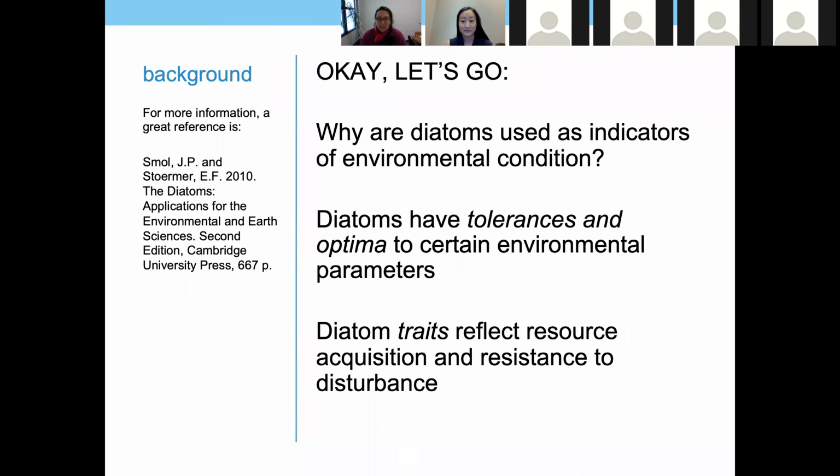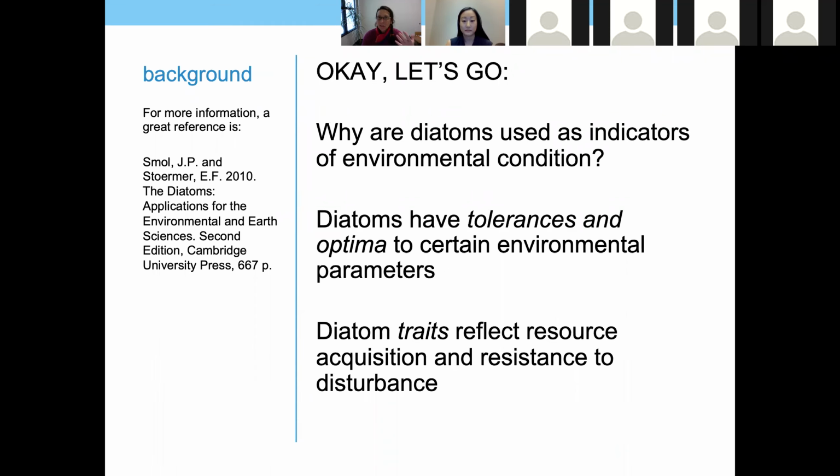Why are diatoms used as indicators of environmental condition? Some of the things that people figured out really early in the 20th century was that diatoms have tolerances and optima to certain environmental conditions, and that the traits that diatoms have reflect the way that they acquire resources like light or nutrients, and their resistance to disturbance.